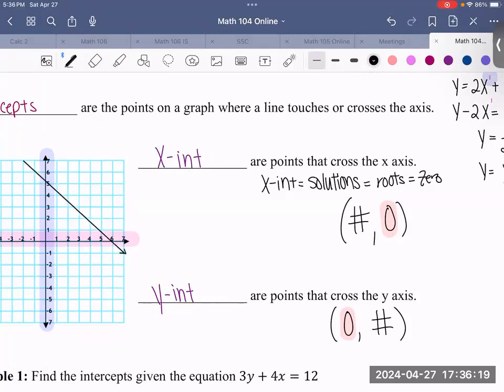To the best of my ability, that is my graph. Can you label your x and y intercept? Well, your y-intercept is somewhere over here, 0, 5, and your x-intercept is 6, 0. So again, each trading off where you're having zeros.